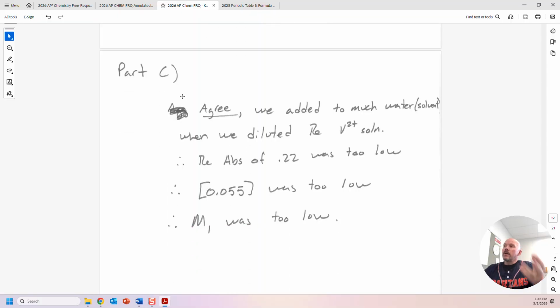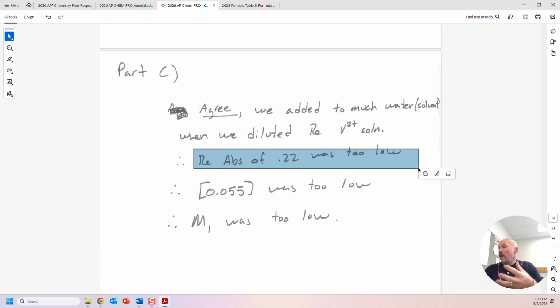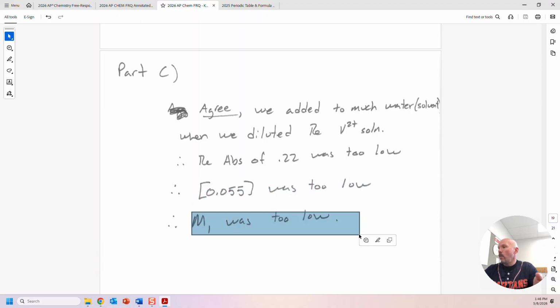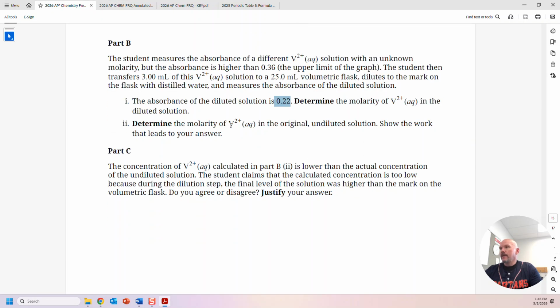So we would agree we added too much water when we diluted the V2 plus solution. The absorbance of 0.22 for that solution was too low. Therefore, the molarity that we plugged into M1V1 equals M2V2 was also too low. So when we solved for M1, it was too low, okay? So we agree with that student, okay?